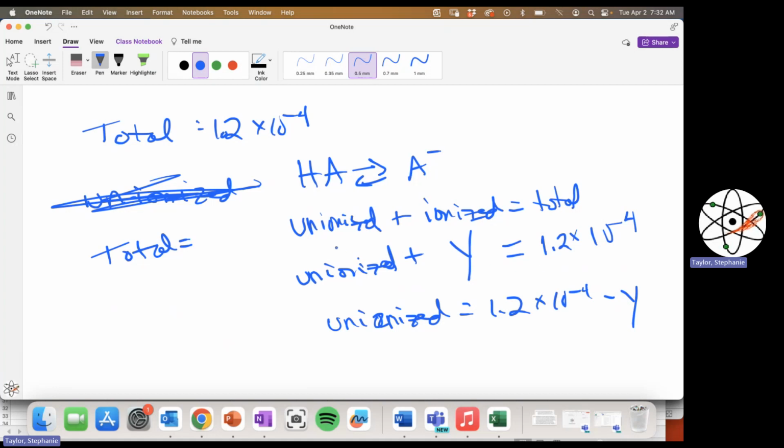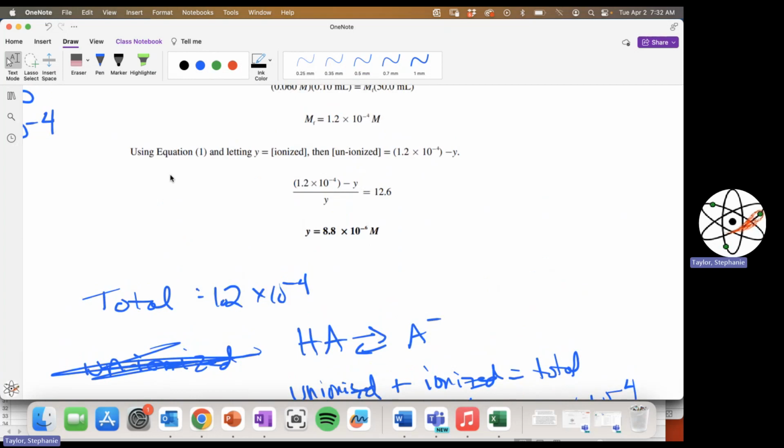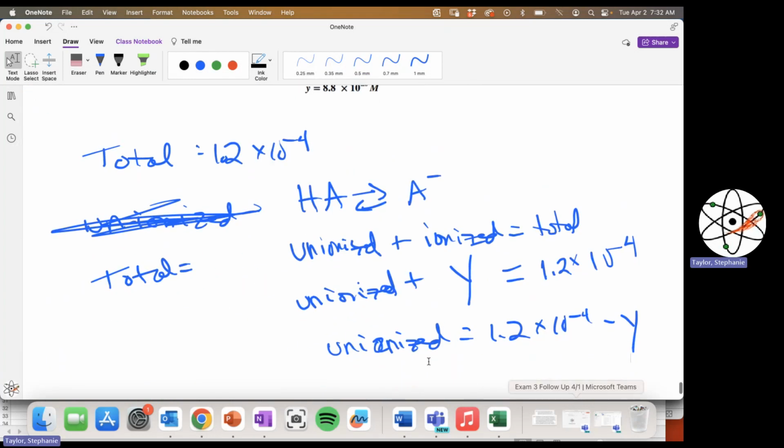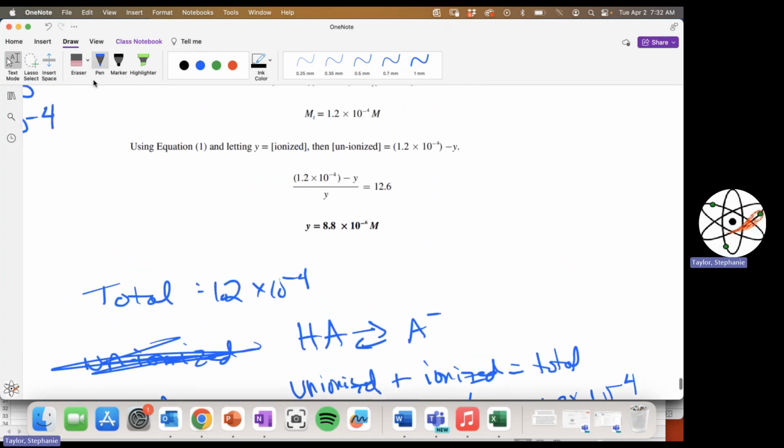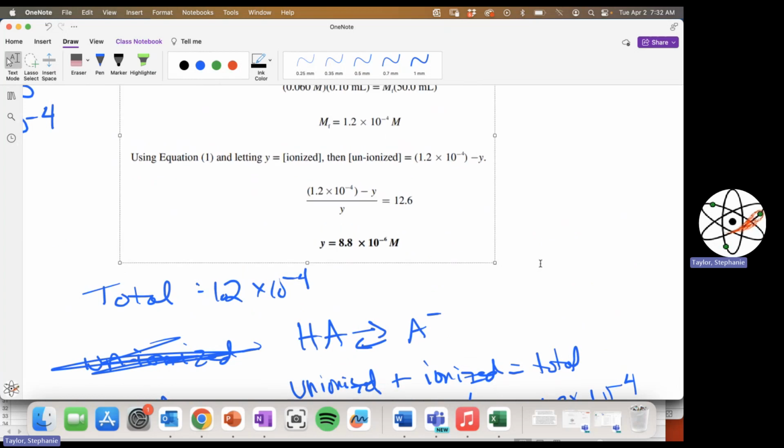So basically they just went ahead and recreated the ratio with a little bit of algebra. And then they didn't show you any of those algebra steps, mostly because it gets messy. It's not that bad.